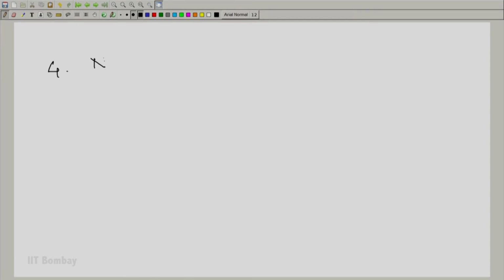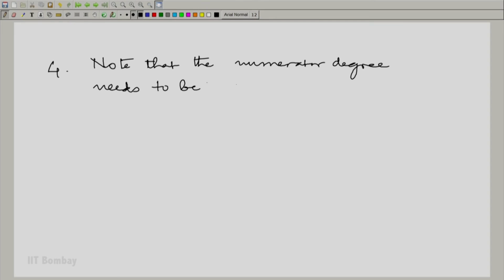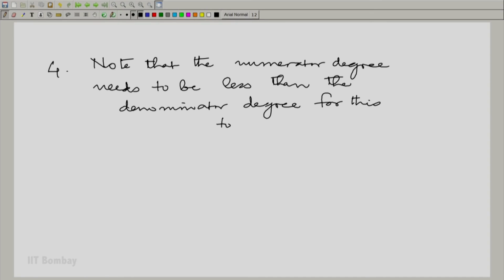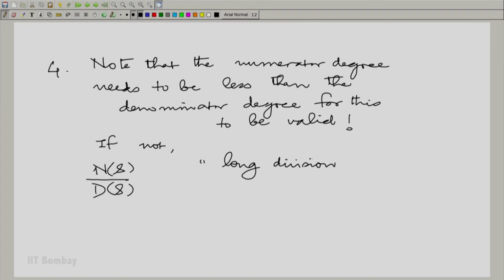So, everything fine, except, as I emphasized, all this works provided the numerator degree is less than the denominator degree. Let me now come to that problem. If not, you have n of s by d of s, first do a long division.